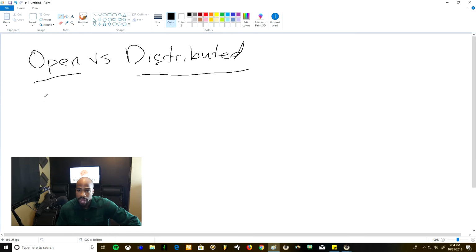Again, like we mentioned, the miners are the ones who solve the transaction and they publish it to the public ledger for the financial reward. So let's just go back. Open ledger. Open means everybody can see it. It's public.